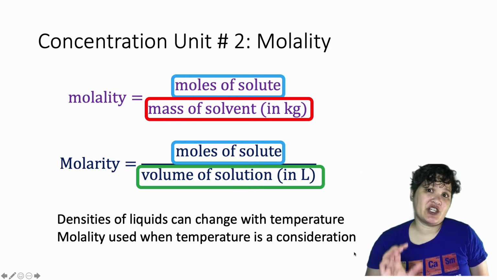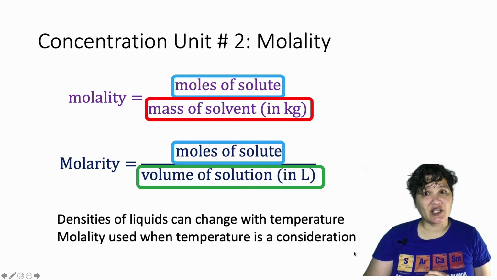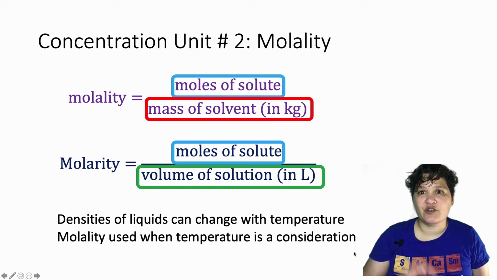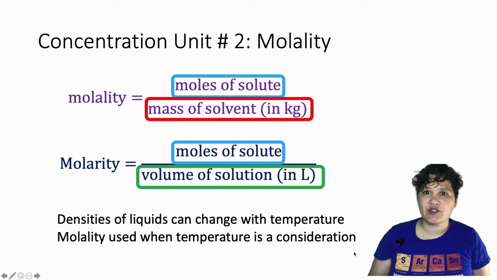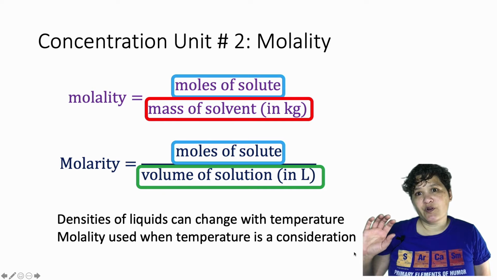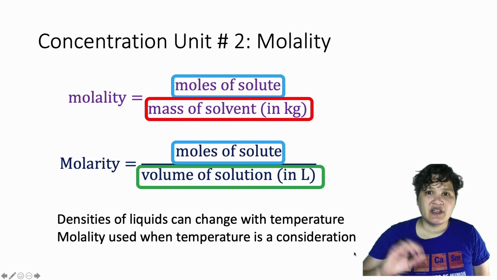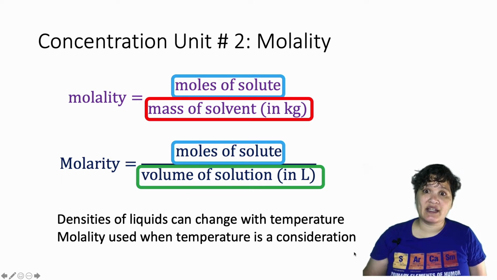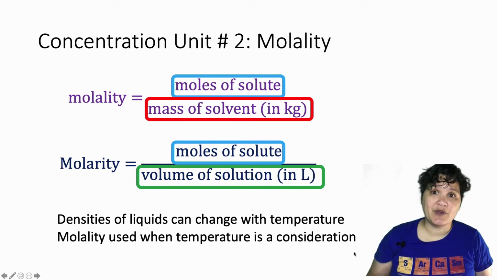If your volume is changing, that means your molarity is changing. Even without adding any extra solvent or extra solute, your molarity can change just by changing the temperature. So when we're doing calculations near one of those temperature extremes, we're going to use molality, and you'll see that coming up in our colligative properties lectures.